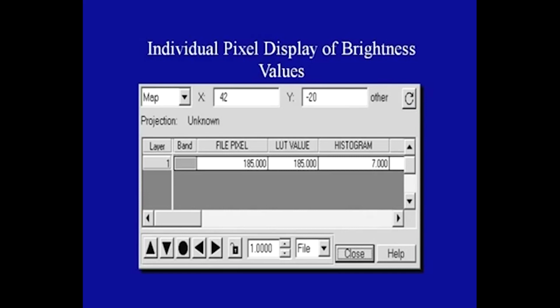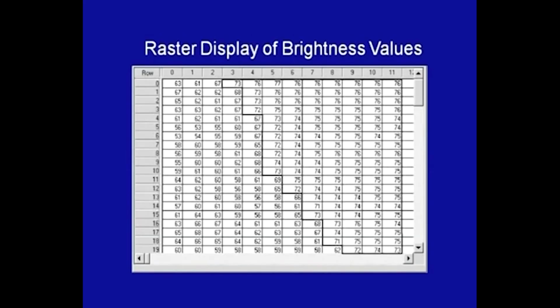Below that, the brightness value of this particular point is indicated, and the number of points in the histogram, that is, the number of occurrences of this particular value in the whole image, is also provided. We may look at it in the raster form, wherein the data would be viewed as a plethora of numbers in a gridded manner.